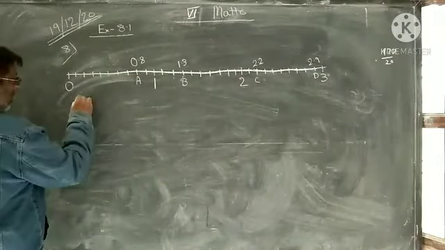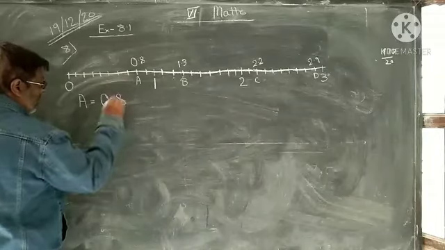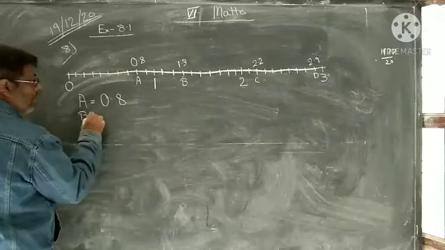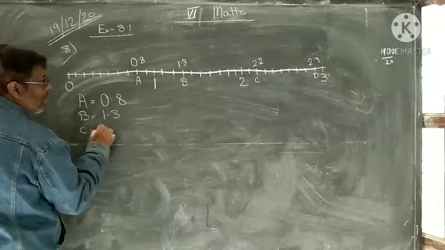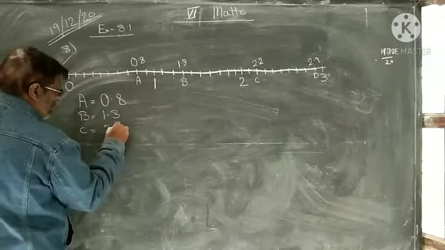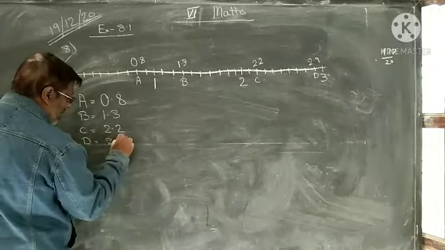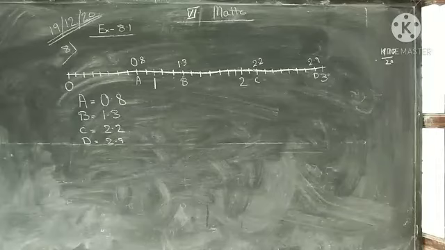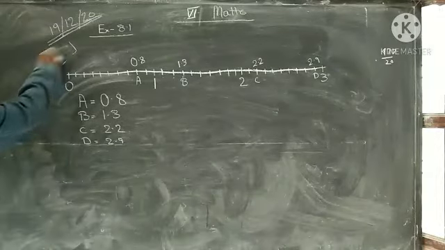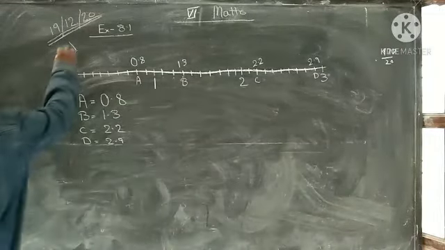What you need to do is write A over here and then write 0.8, B 1.3, C 2.2, D 2.9. This is how you need to mark them. Okay, this is sum number 8. Sorry, yeah, sum number 9.